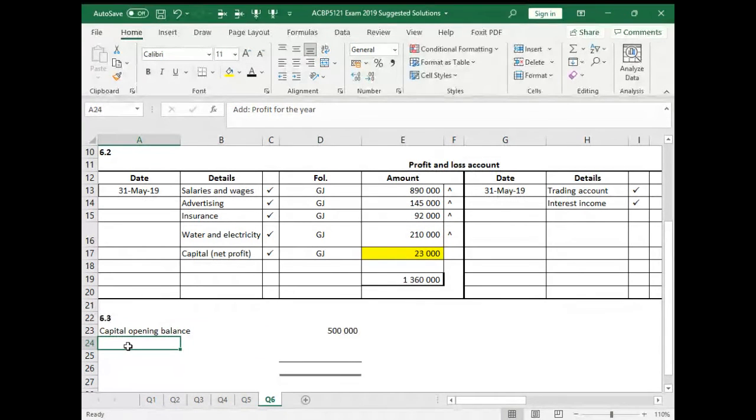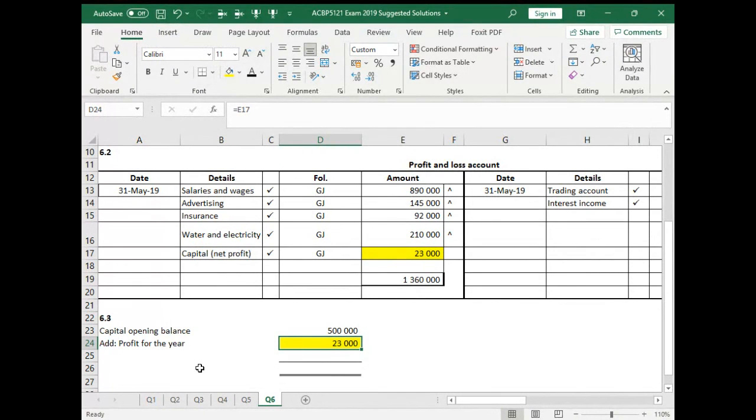because we have not captured any drawings, because we still have a drawings account. We have not captured the drawings to it. We have not captured the profit and loss because we have not done the year-end procedure. So we start with that opening balance. Then we add on the profit or loss for the year. Now in this scenario, it was a profit of 23,000 that we add onto the capital account.